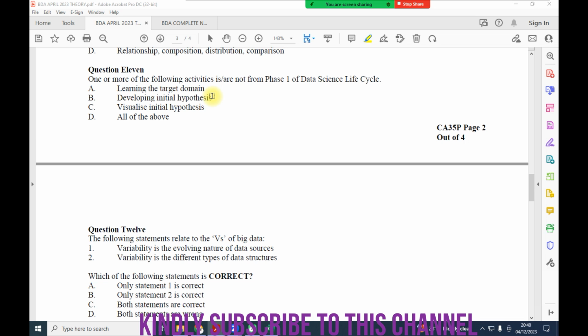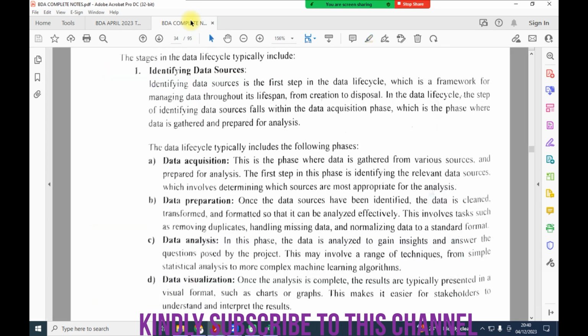But when you look at visualize initial hypothesis, here we are not visualizing. Visualization, you have seen it comes as phase 4 for data visualization. So visualization doesn't happen in phase 1, but we are learning the target domain. The target domain is the initial data that we are gathering. So we are learning that data that we are gathering, we are preparing it, because that is still under the very first phase, data acquisition.